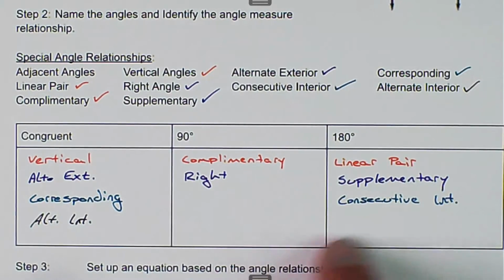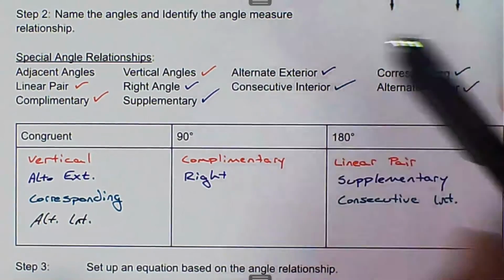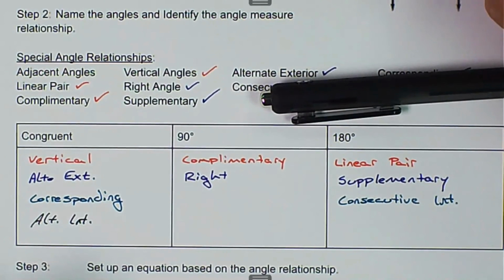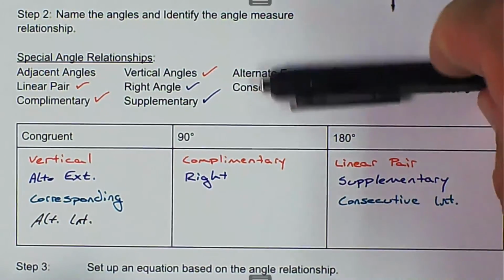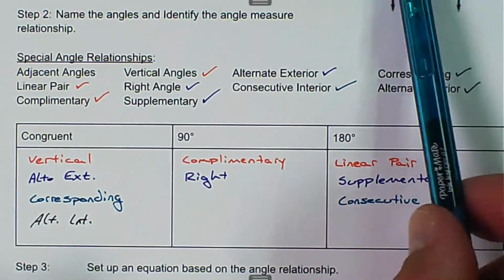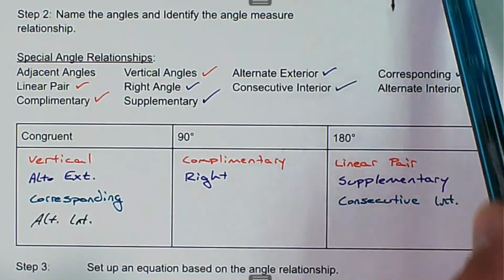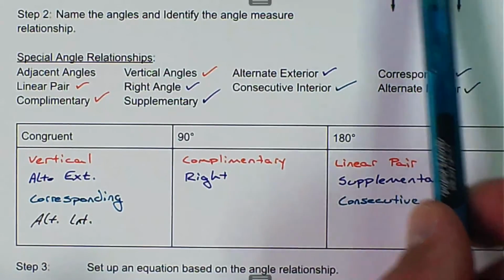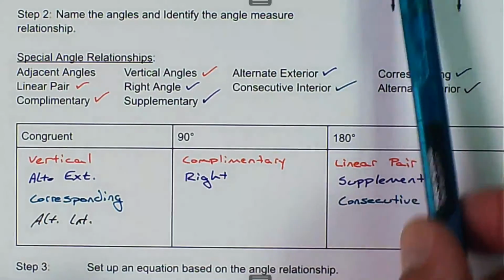So which one are we dealing with in this case? We have this angle here, this angle that's 80 degrees, and this angle right here. They're cut by the transversal M, and they are on opposite sides, so already we know they're alternate, and they both happen to be interior.